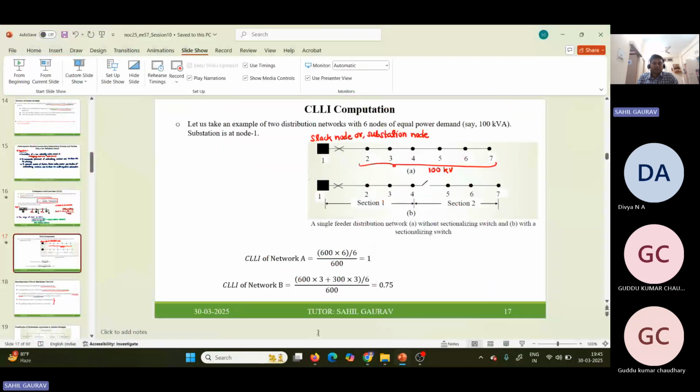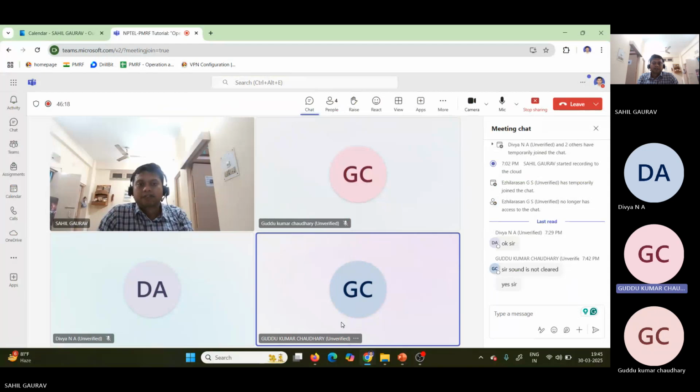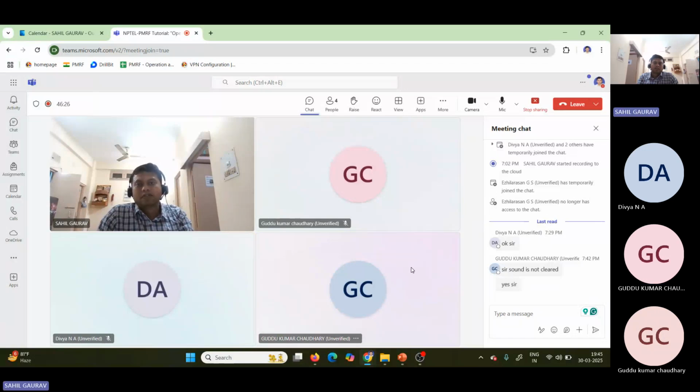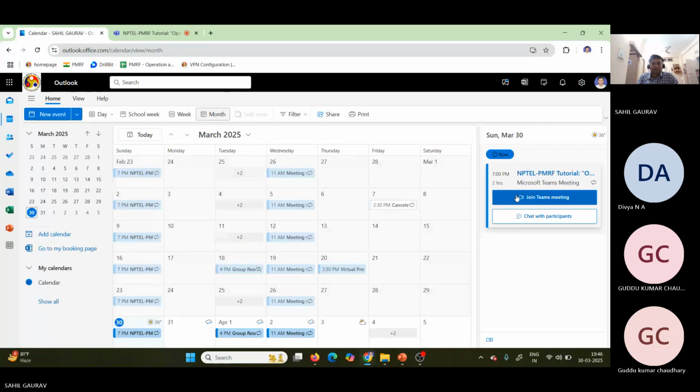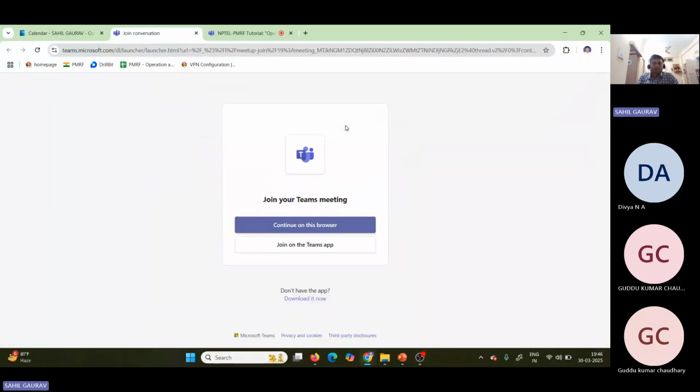Is the screen visible or not? The screen is okay, sir, but the sound is not clear. I think I'm not able to open Microsoft Teams.